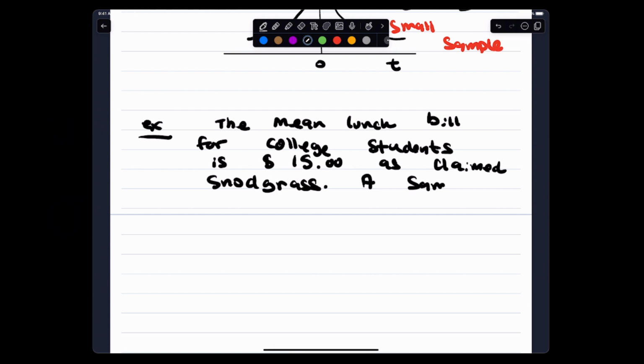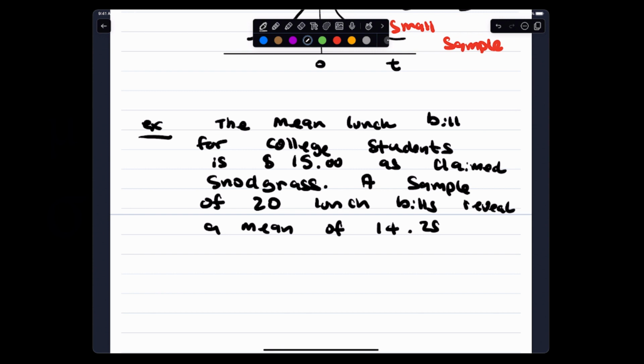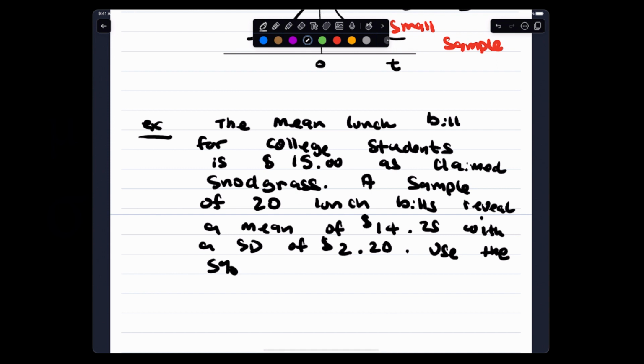Okay, a sample of 20 lunch bills reveal a mean of $14.25 with a standard deviation of $2.20. Use the 5% level of significance to test this claim.